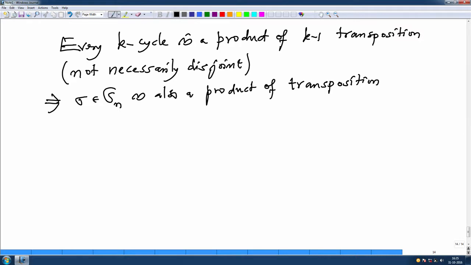Now our problem is, how do you decide how many? And the only thing you can decide is whether they are odd or even. So that is what we want to prove now.